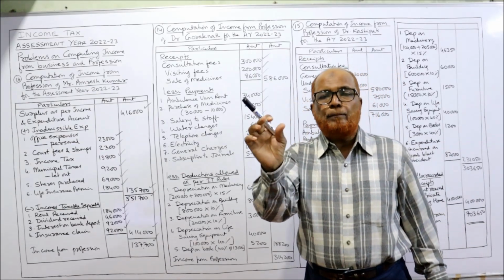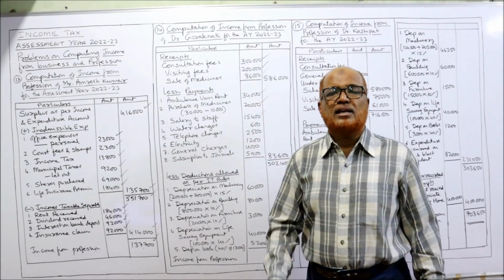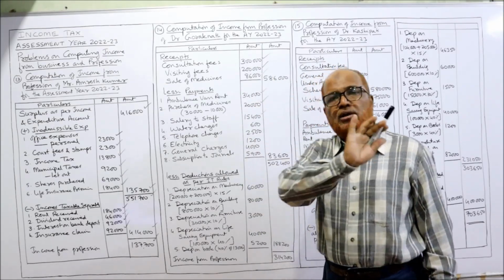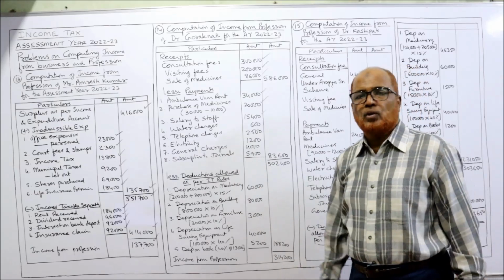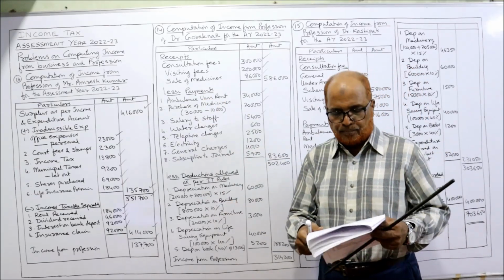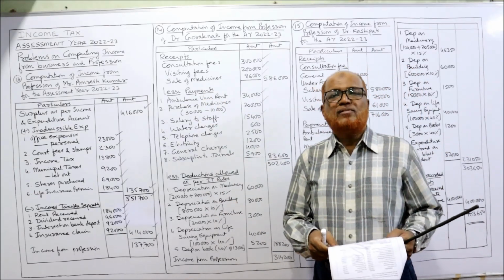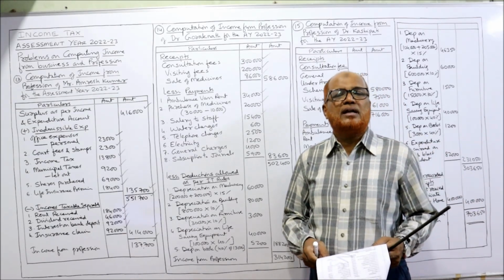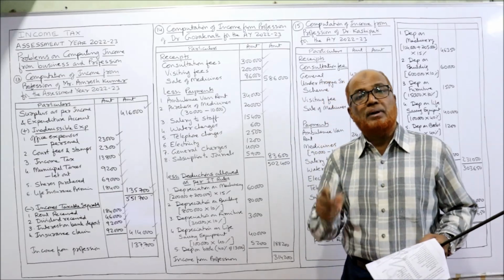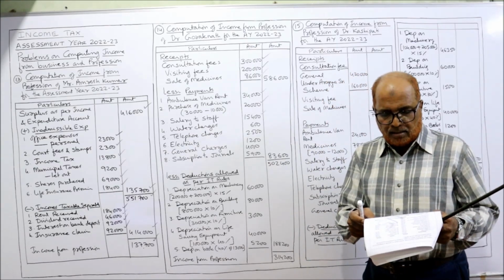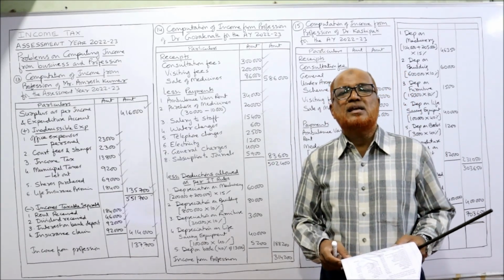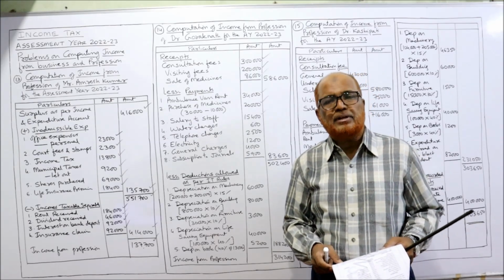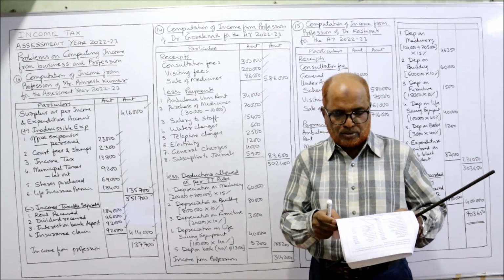But the amount paid for purchasing the surgical equipment is a capital expenditure. We should not allow it. Only revenue expenses are allowed. Then purchase of life-saving equipment, again it's a capital expenditure, not allowed as deduction, but depreciation is allowed. Then purchase of shares, it is an investment, it's a capital expenditure, not allowed as deduction.